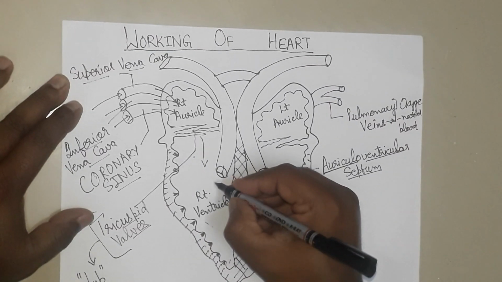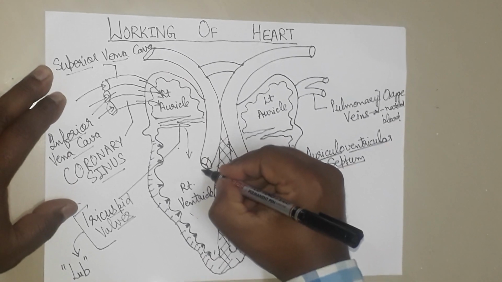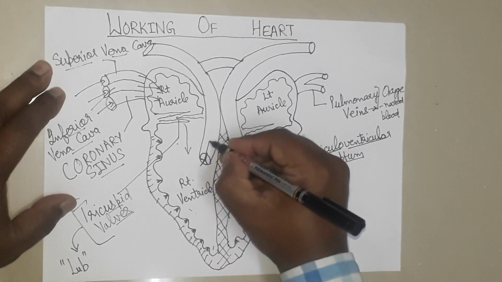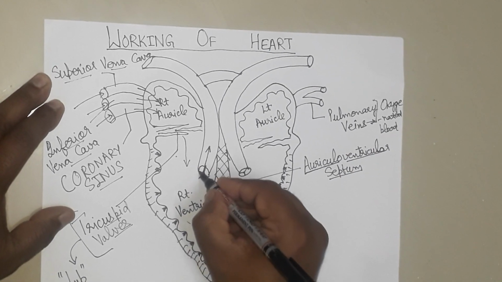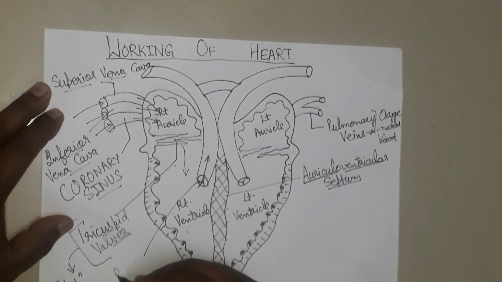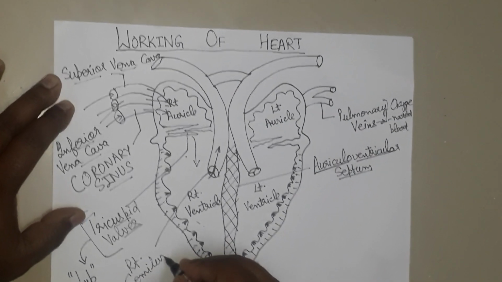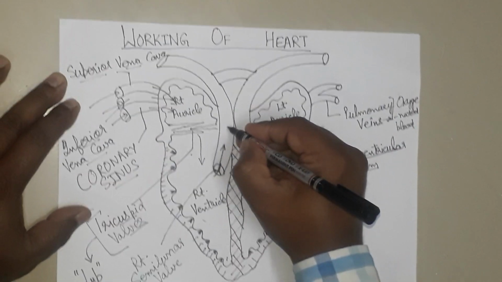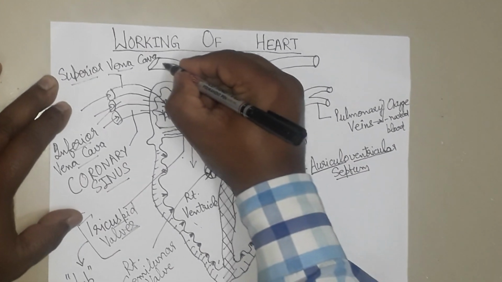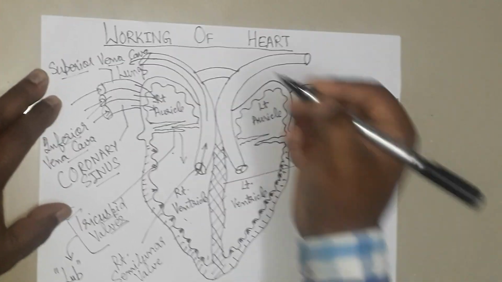With that pressure, when this chamber contracts, the blood moves through these valves, known as the right semilunar valve. From here the blood goes to the lungs for purification.